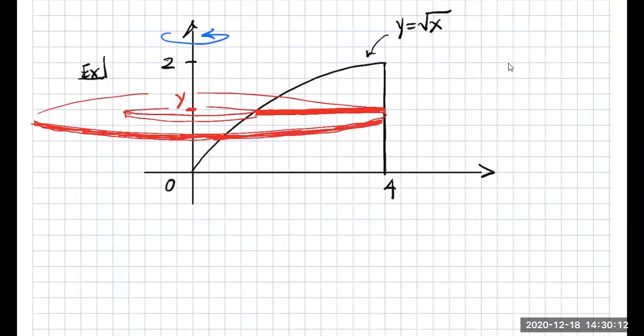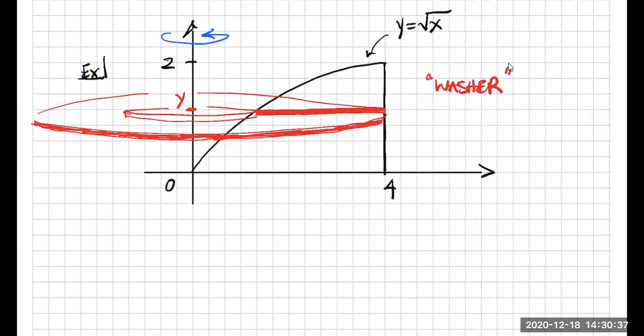All right, now you'll notice that the disk that we've created actually has a hole in it. This kind of disk is referred to, I'll make a note over here, as a washer. A disk with a hole in it is actually referred to as a washer. Now to calculate its volume, imagine that it's a solid disk.